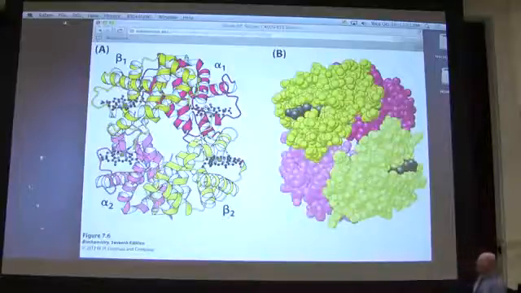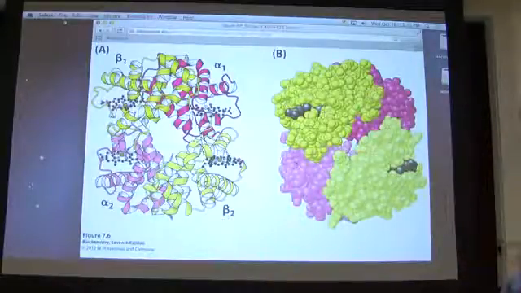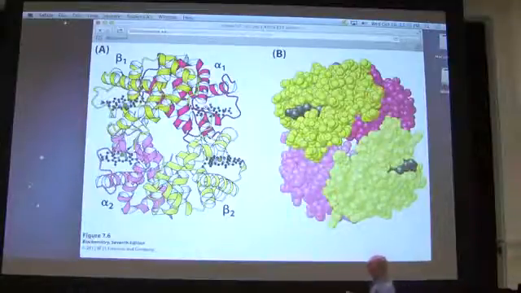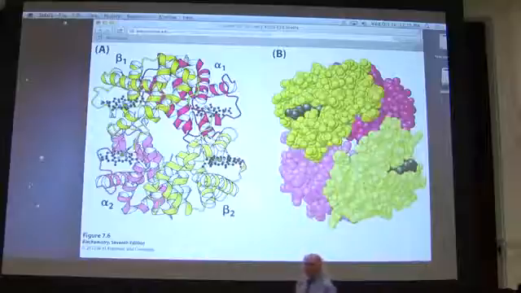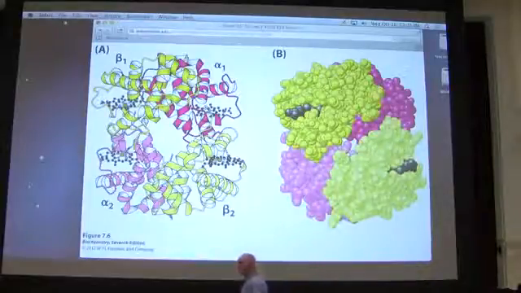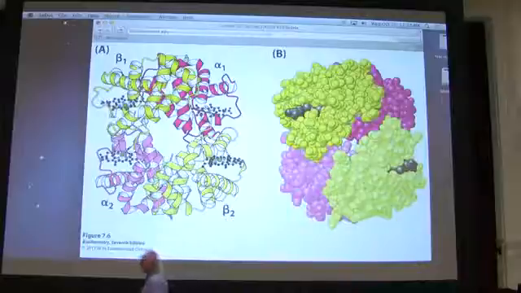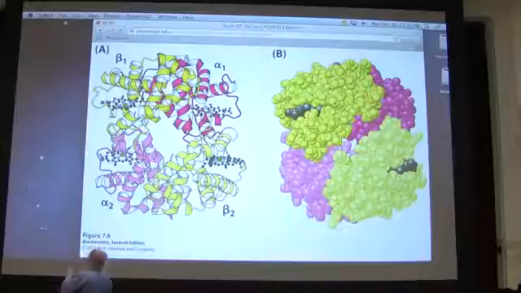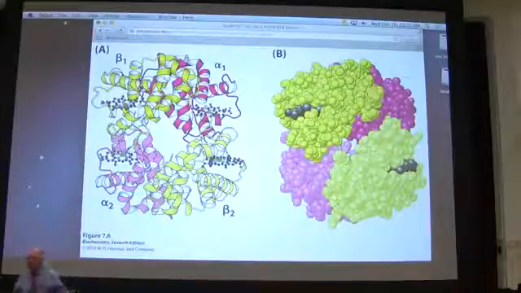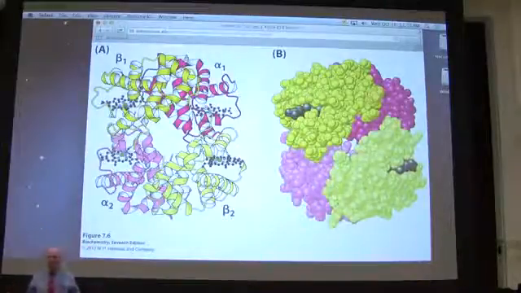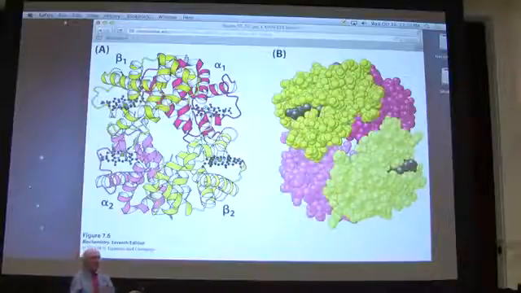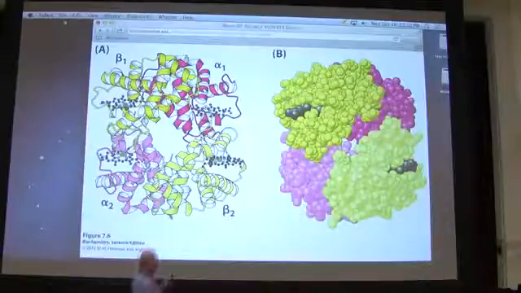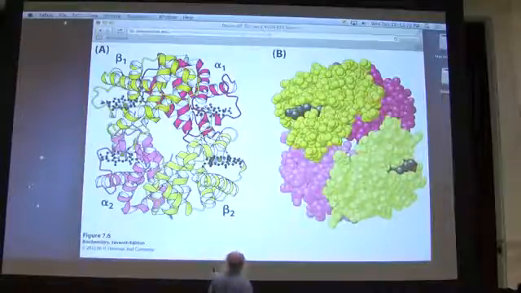Now, because of that, this subunit's structure has changed very slightly. And that means its interactions with the other subunits has also changed very slightly. That interaction between, let's say, this guy and this guy now induces the pink guy to also undergo a change. And the change that the pink guy undergoes now causes it to want to bind oxygen. And now the pink guy changes like the yellow guy did. Okay?